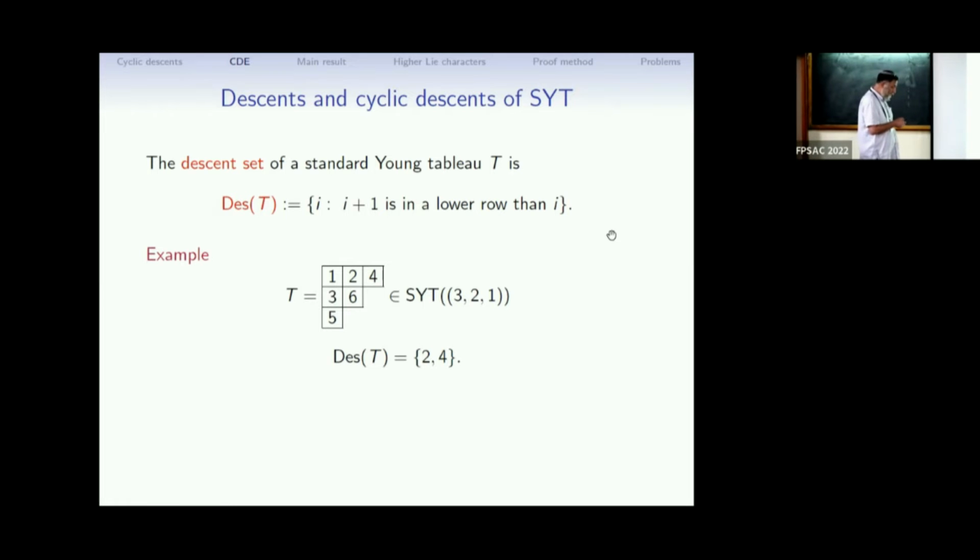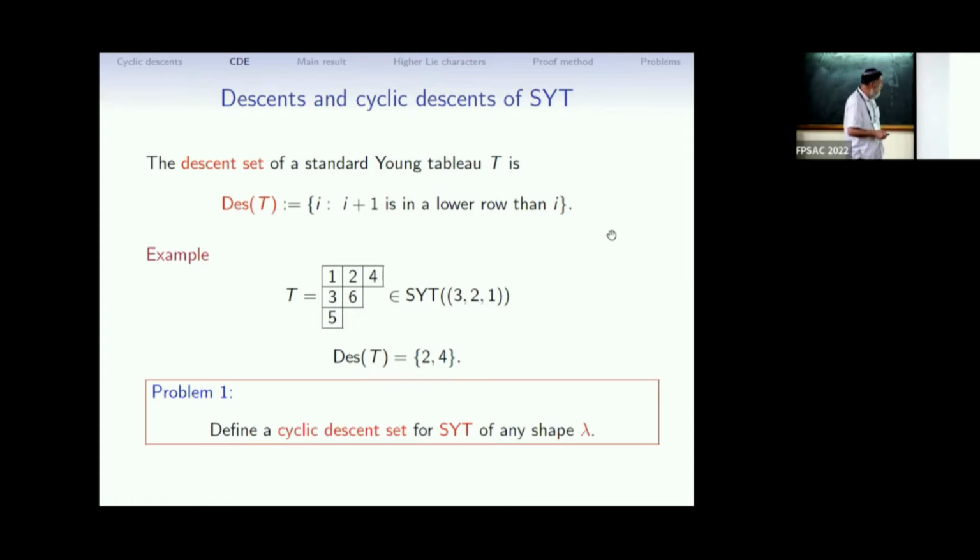While it was very natural to define cyclic descents on permutations, comparing the last position with the first position, in any standard Young tableau, in the British way of writing, 1 is in the first row, so n could not be a cyclic descent.